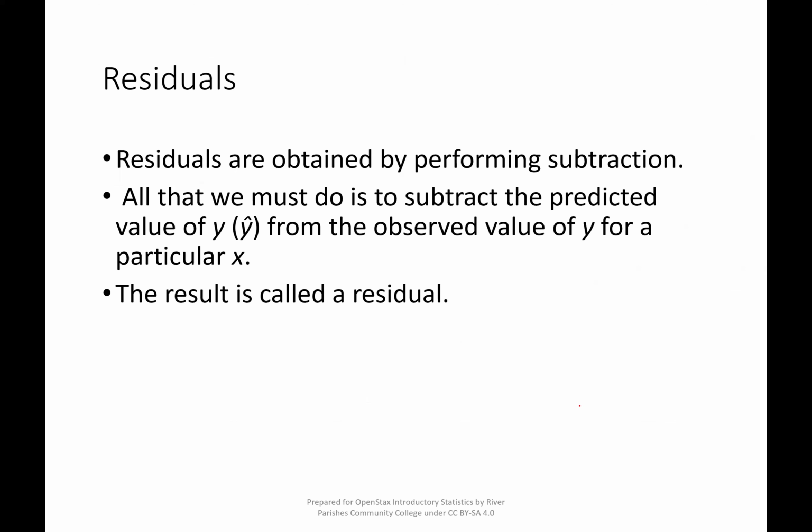Okay, residuals. Residuals are obtained by performing a subtraction. All we must do is subtract the predicted value of y from the observed value of y for a particular x. That's a residual. So y hat is the y value you get from your regression equation.